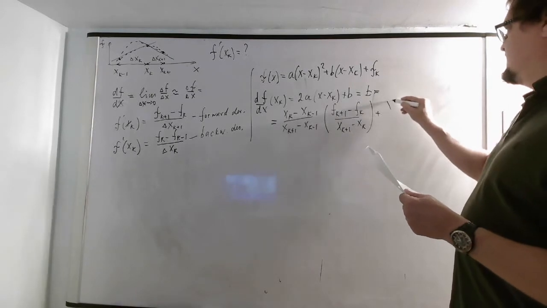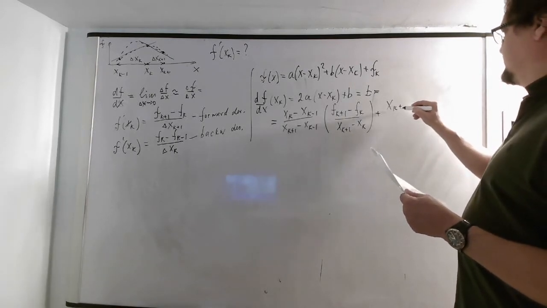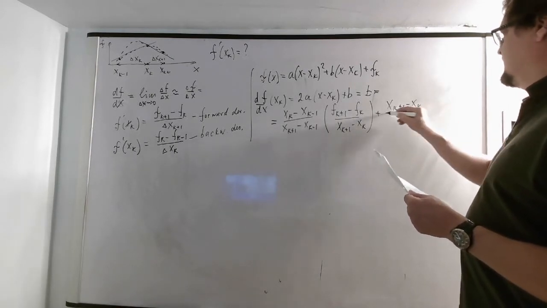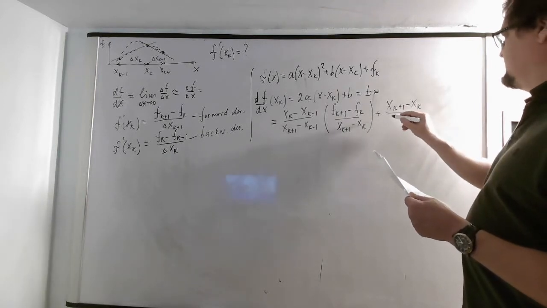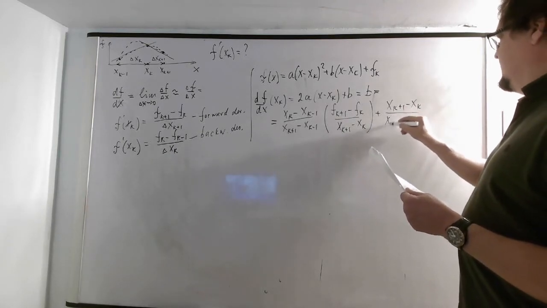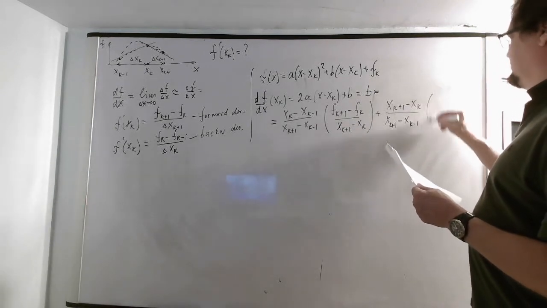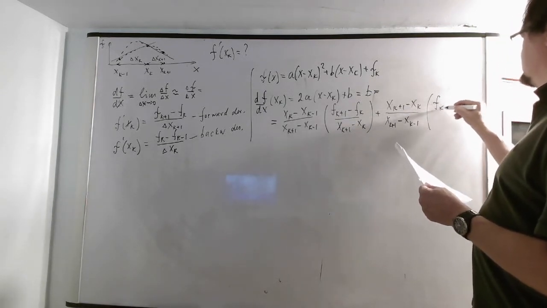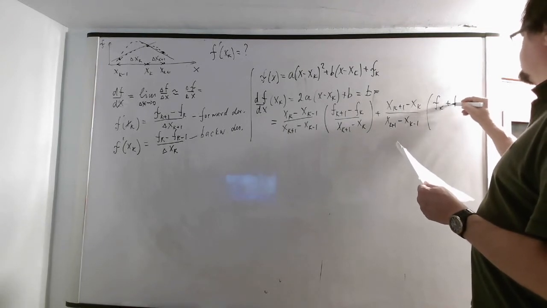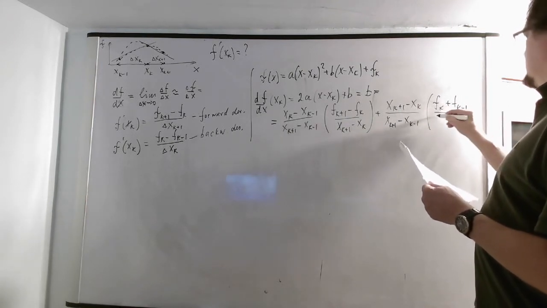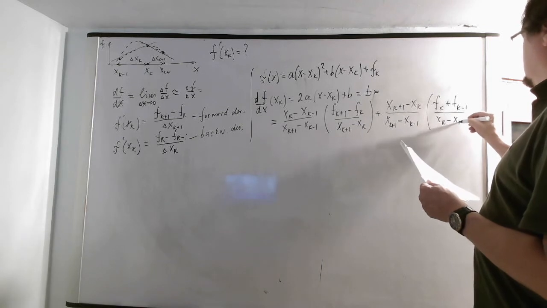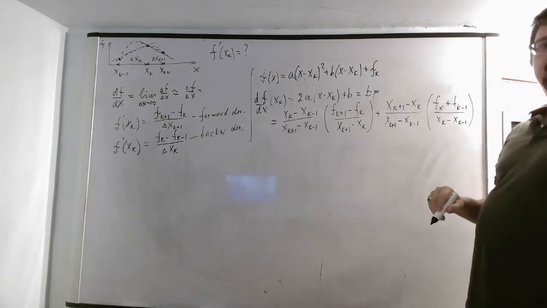And plus another weight, xk plus 1 minus xk, divided by xk plus 1 again minus xk minus 1, times the backward derivative. So this is very interesting.